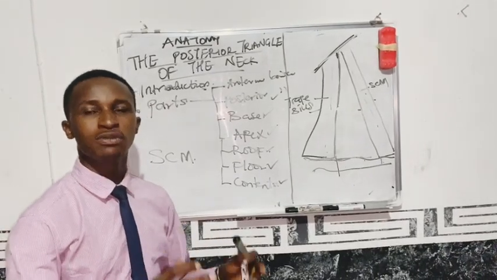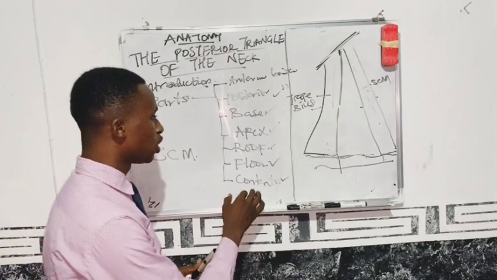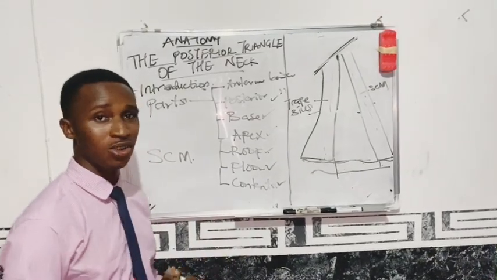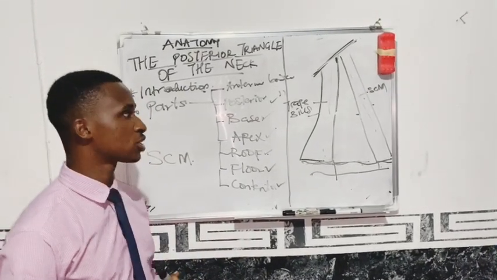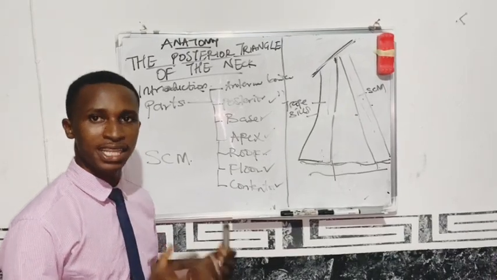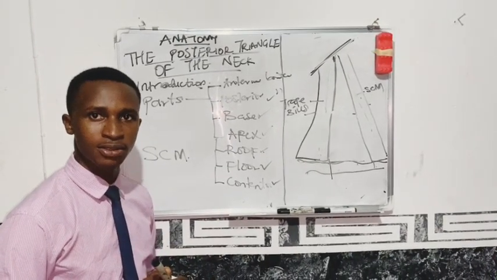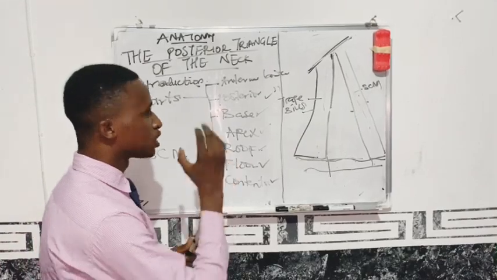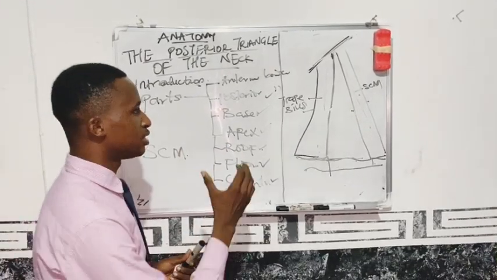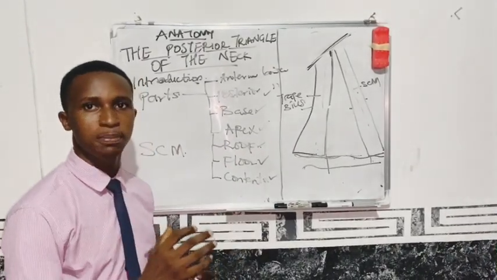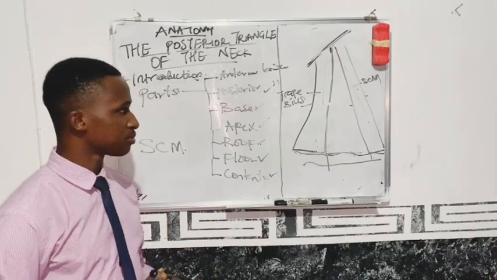The third part of the subclavian artery is also a content. So these three contents of the posterior triangle of the neck: the spinal accessory nerve, cranial nerve 11, the occipital artery, and the third part of the subclavian artery.